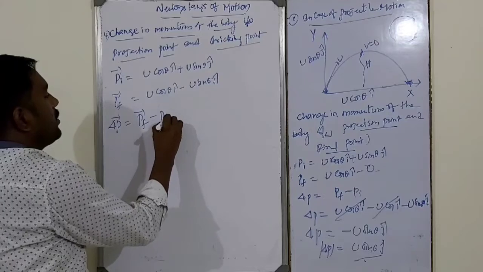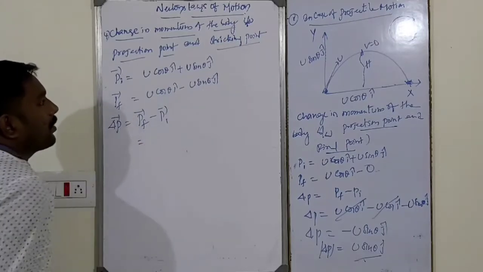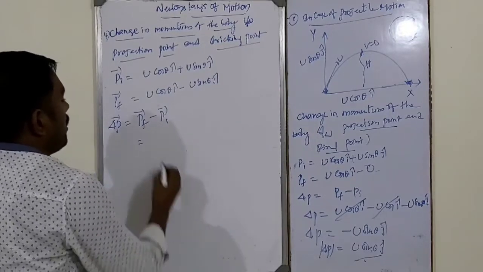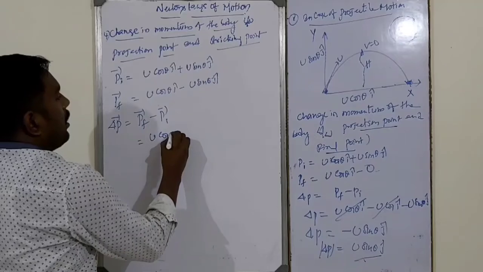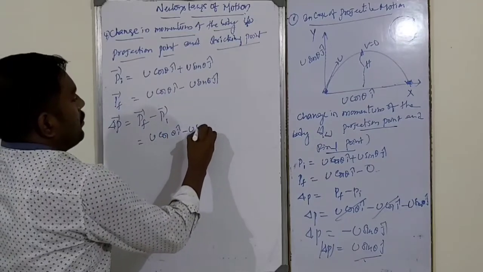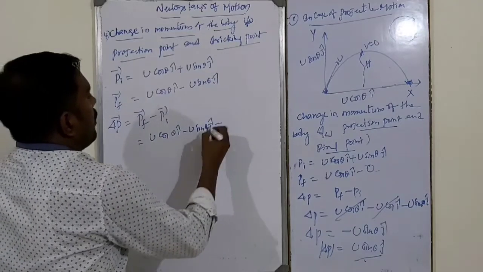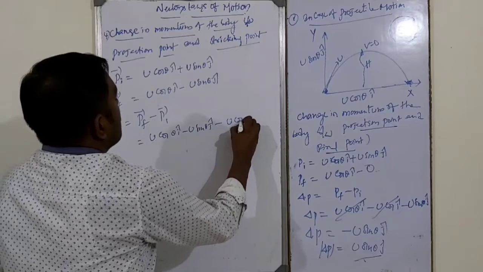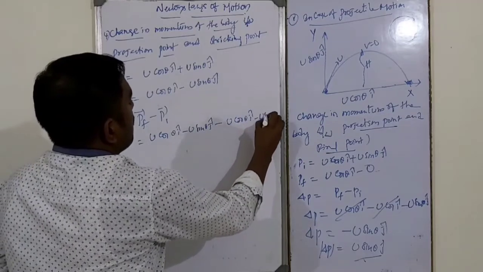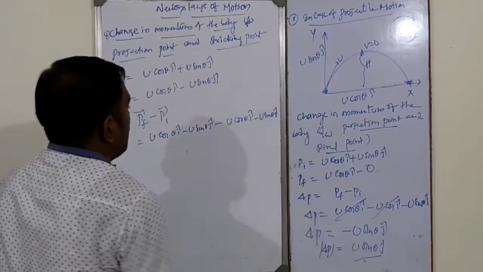Final minus initial. Okay, final minus initial like this: u cos theta i cap minus u sin theta j cap, minus u cos theta i cap minus u sin theta j cap.